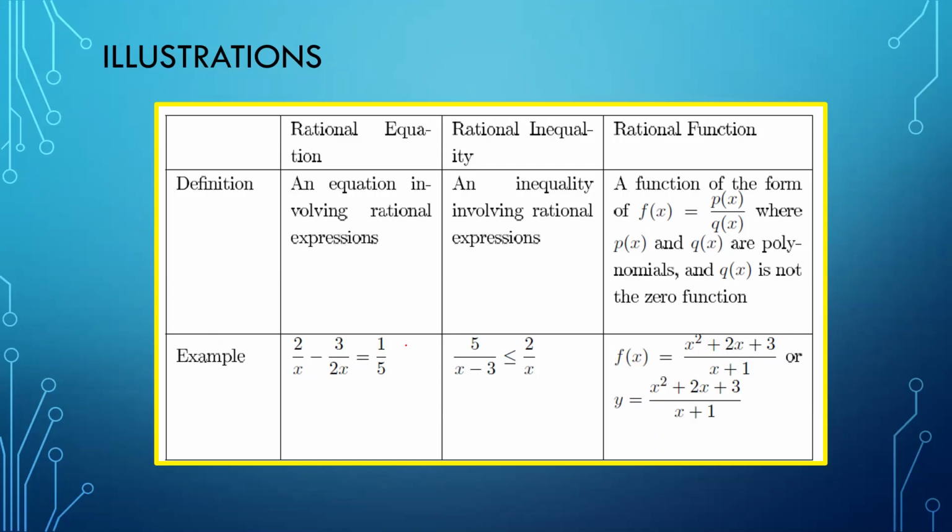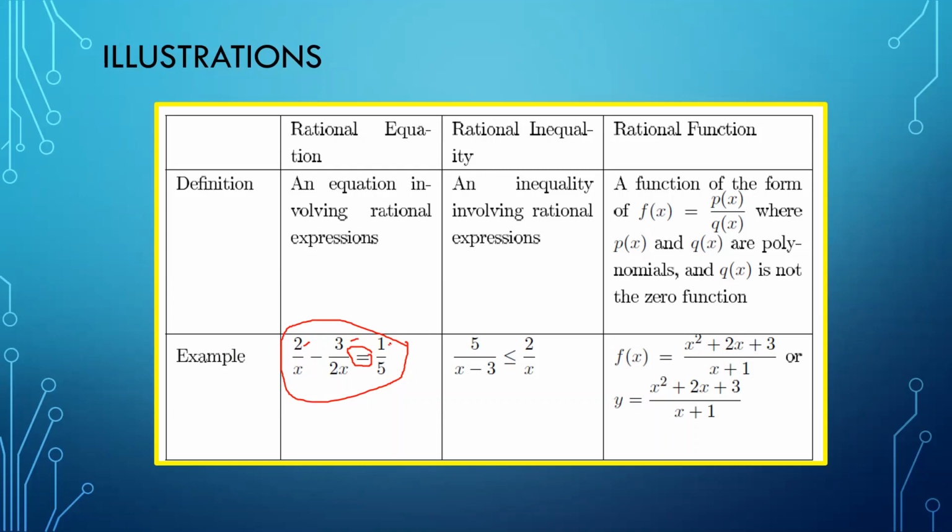This is an example of a rational equation: 2 over x minus 3, all over 2x, is equal to 1 over 5. This is a rational equation since the given expressions are separated by an equal sign, and the numerators 2, 3, and 1 are polynomials.